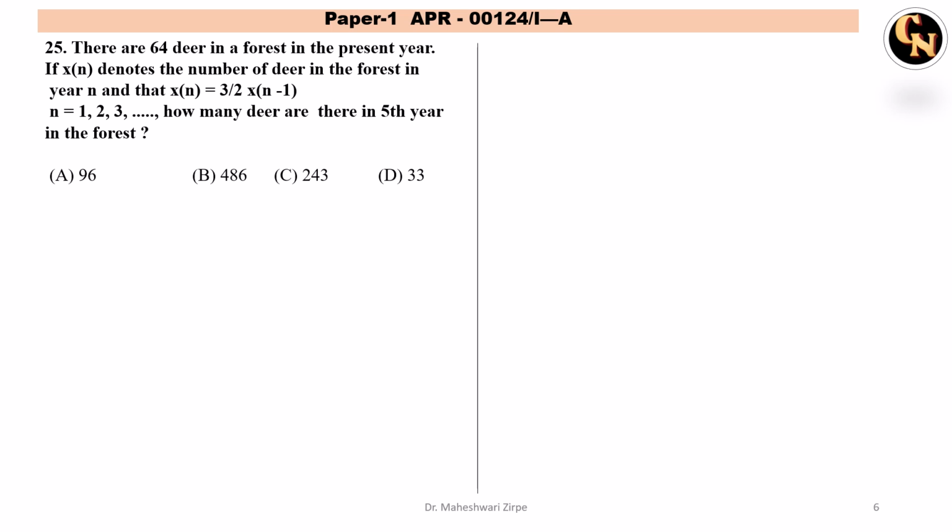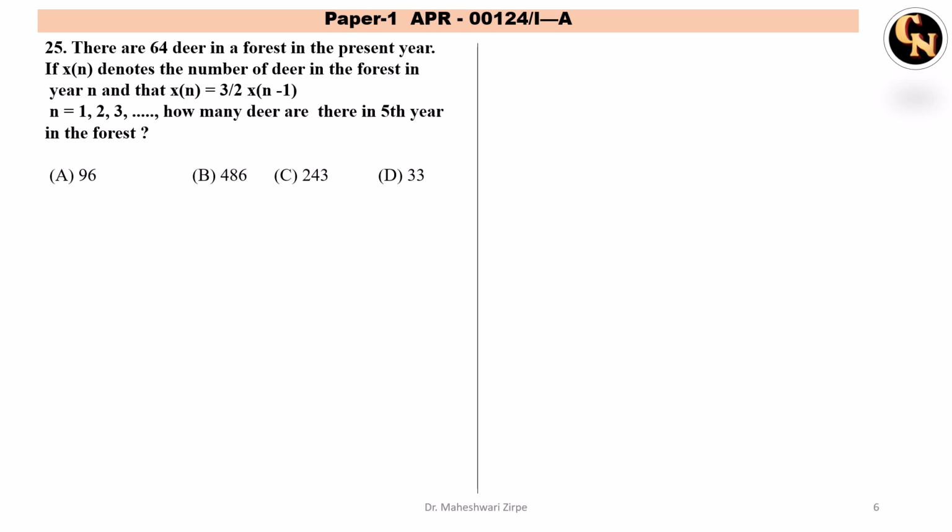The formula is xn is equal to 3 by 2 x into bracket n minus 1. And n is 5, the 5th year. So we have to calculate how many deer are there in the 5th year.